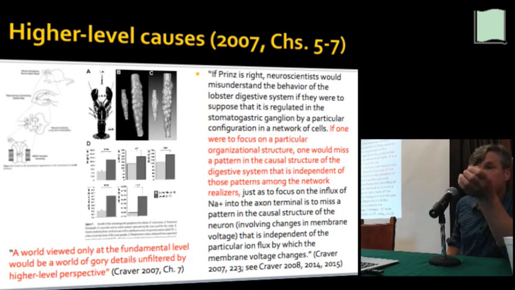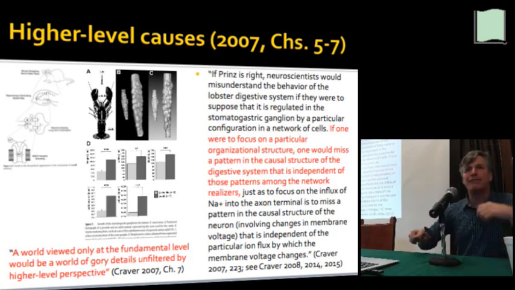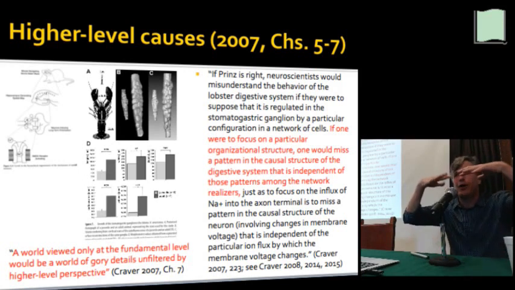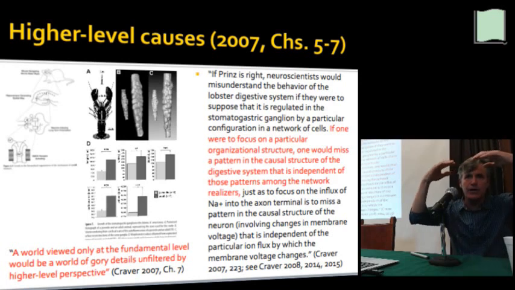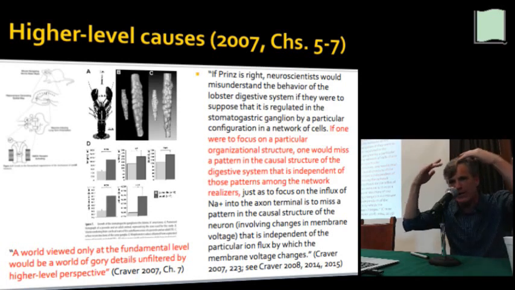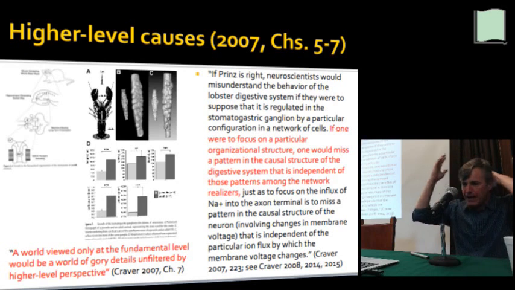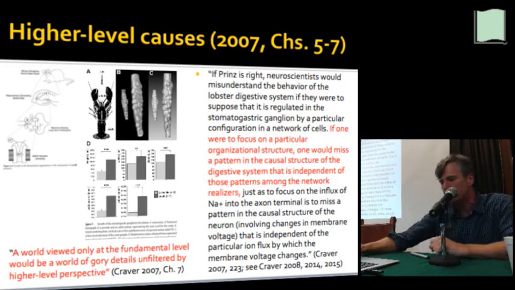That is, a world viewed only at the fundamental level, just looking at the neurons themselves and their particular connections with one another in all of their detail, would be missing important patterns in the causal structure of the world. And network analysis is a very important tool for getting at that causal structure.